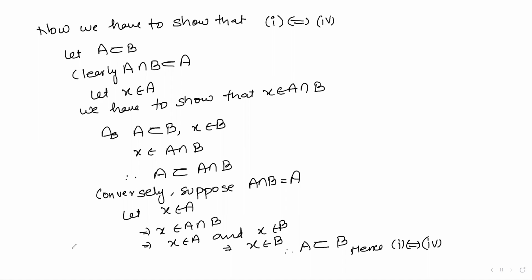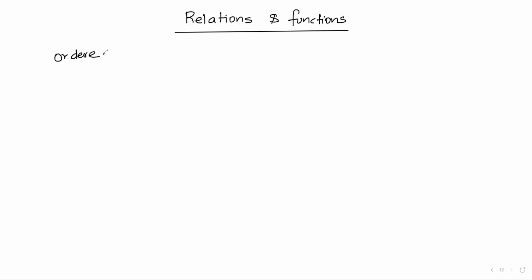Okay, so Safan, we will start the new chapter, relations and functions. In relations and functions, first of all, we will check the ordered pair. So what is an ordered pair?